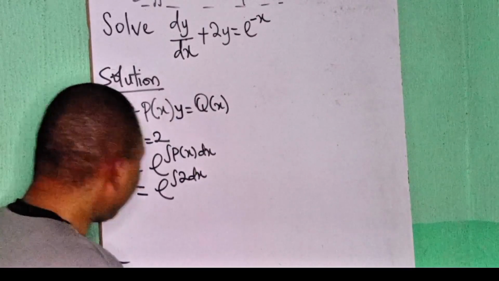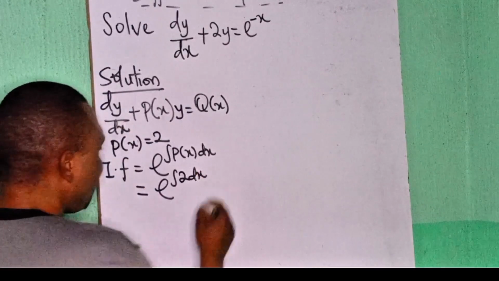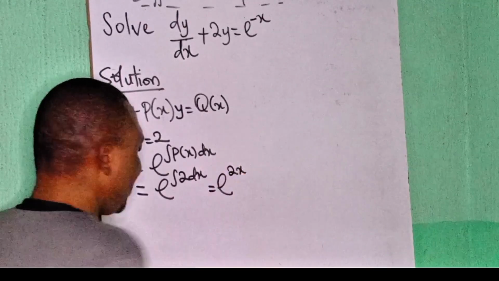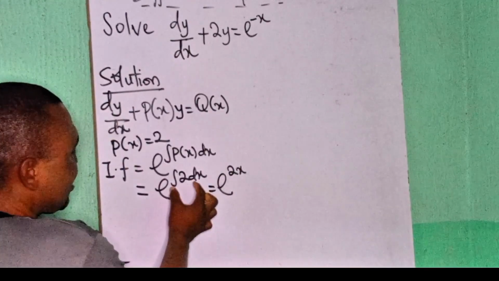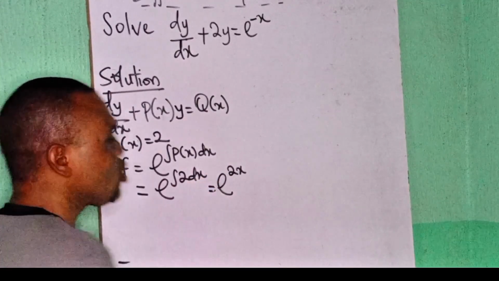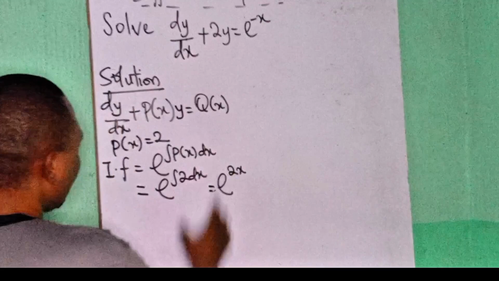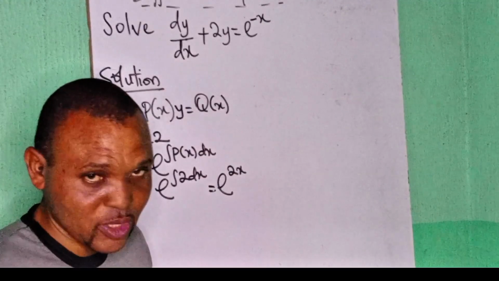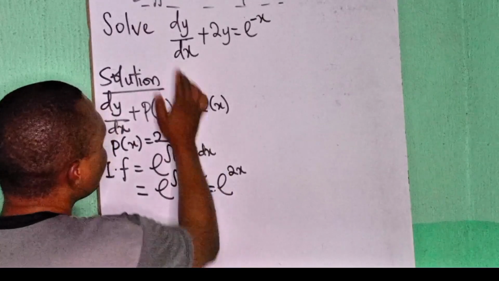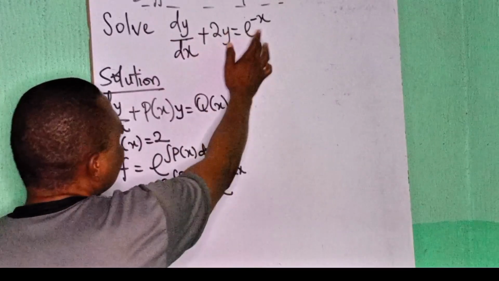If I integrate this, I'll be having 2x, so e integral 2 dx becomes e to the 2x. All right, so this is what my integrating factor is.